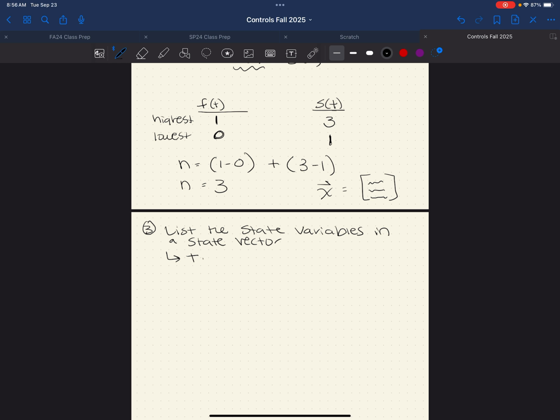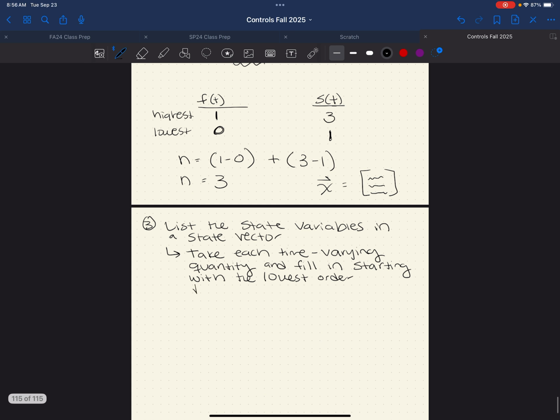To do so, we will take each time varying quantity and fill in the state vector starting with the lowest order derivatives up to the second highest derivative. Do not include the highest order derivative.